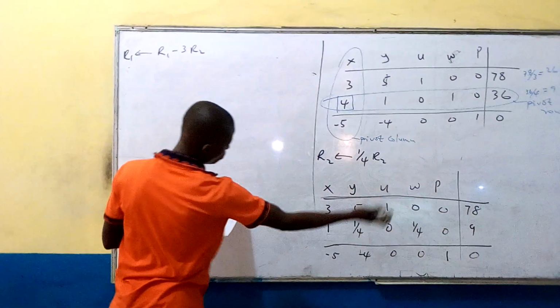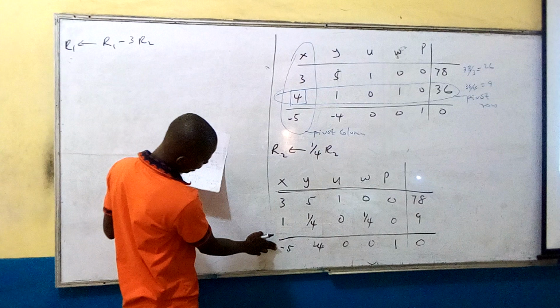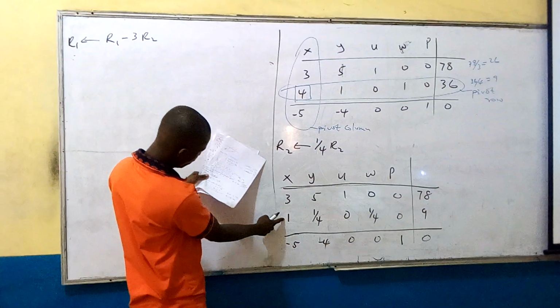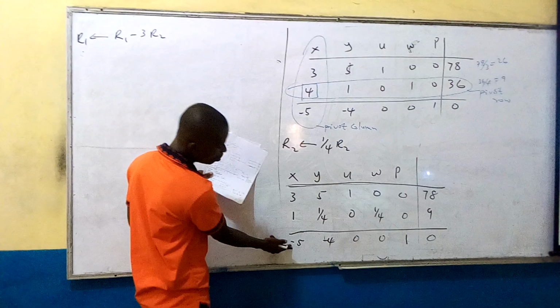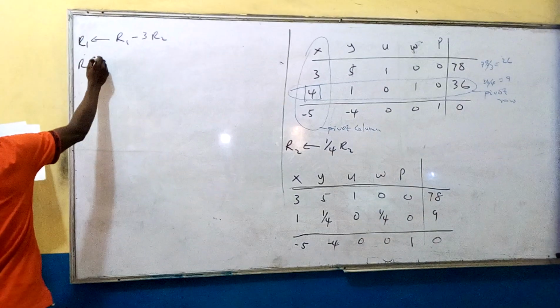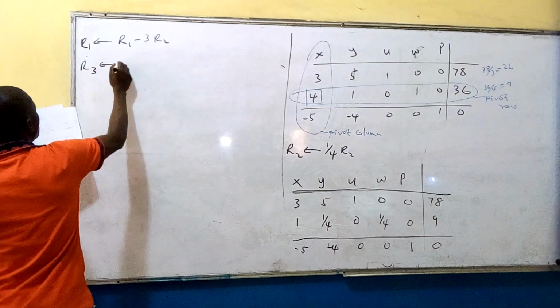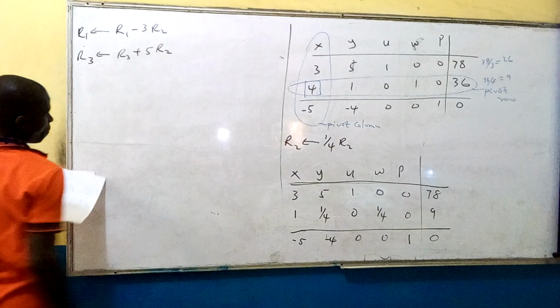Then for the last row, we can multiply row 2 by 5 and add to row 3, so row 3 should be replaced by row 3 plus 5 row 2.